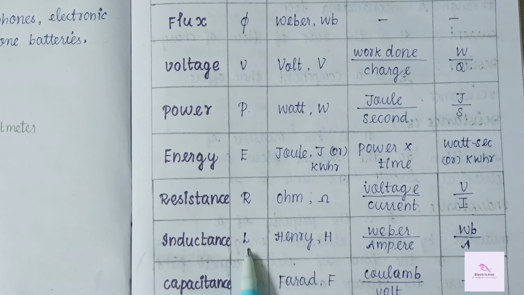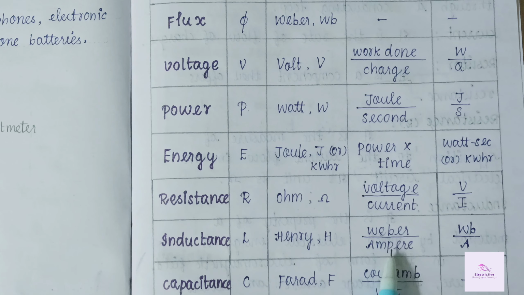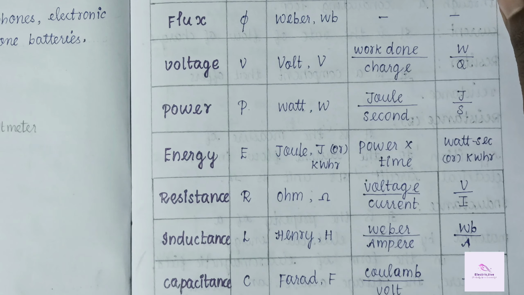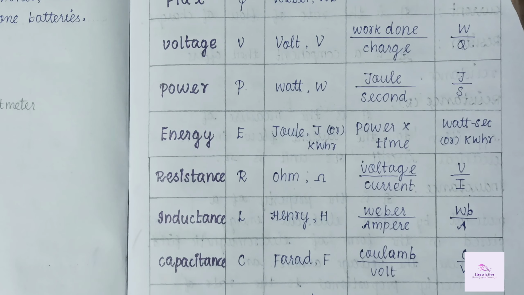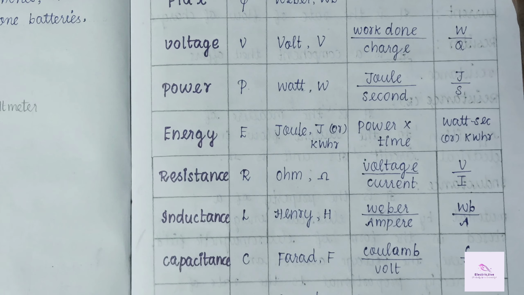Inductance is denoted as L. Its unit is Henry, H, and its formula is Weber by ampere, Wb by A. Then capacitance. Capacitance is denoted as C and its unit is Farad, F, and its formula is coulomb by volt, C by V.